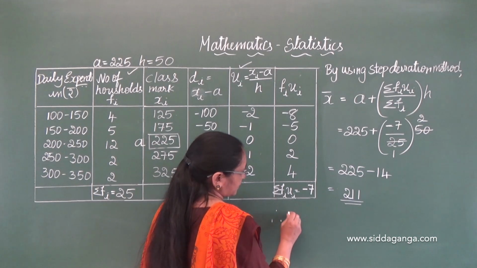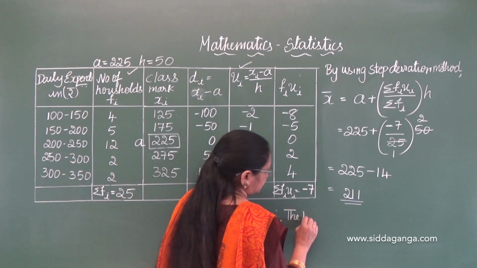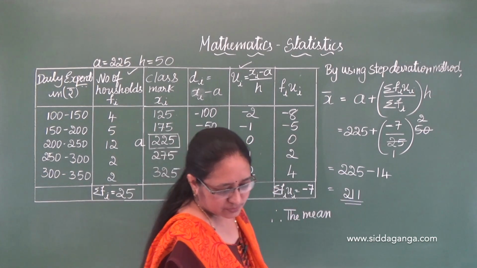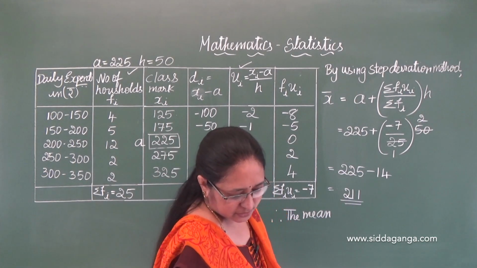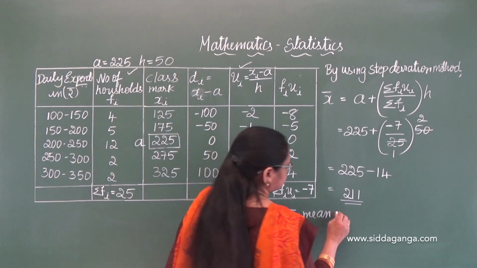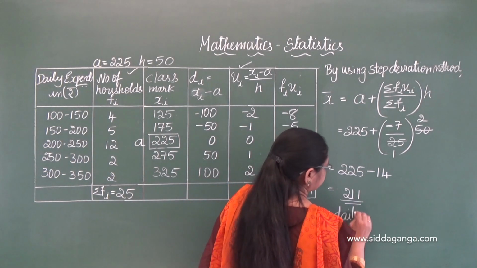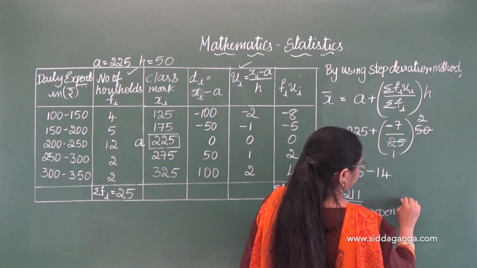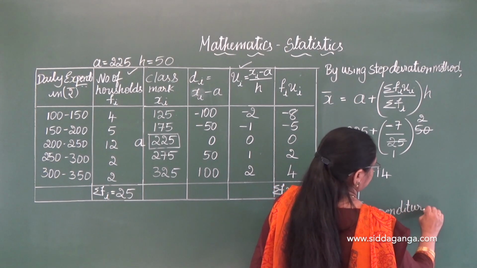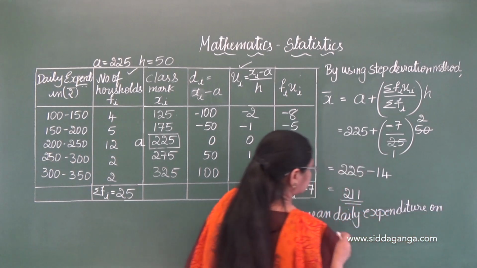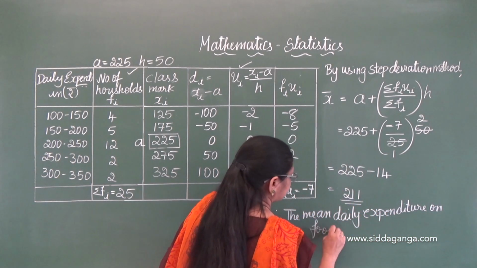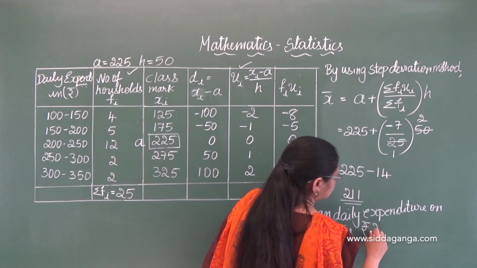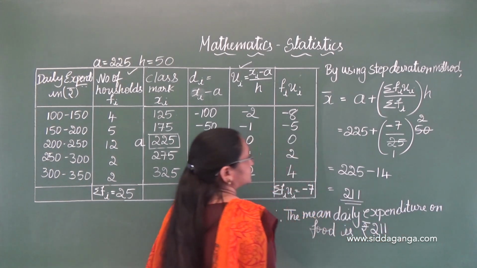Therefore, the mean daily expenditure on food is rupees 211.